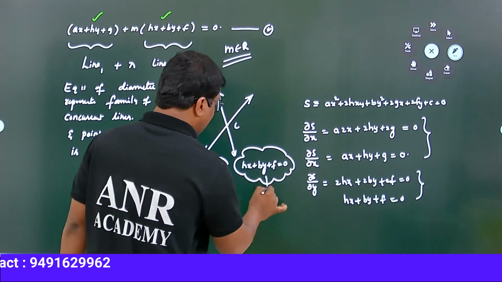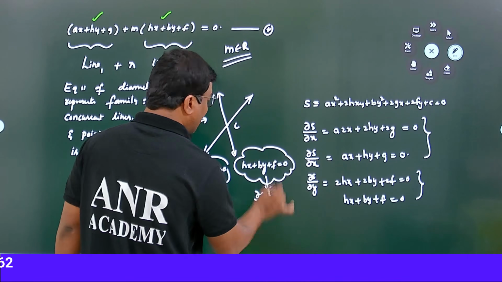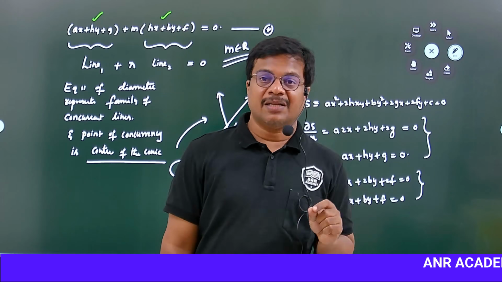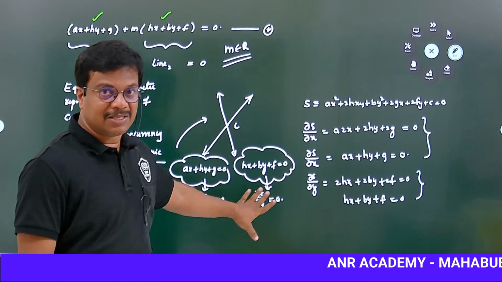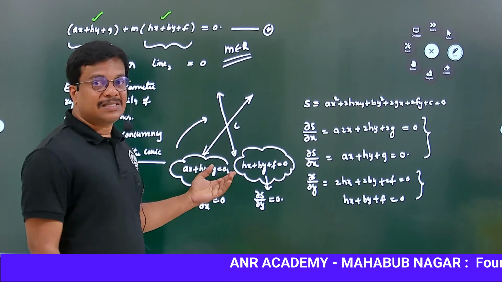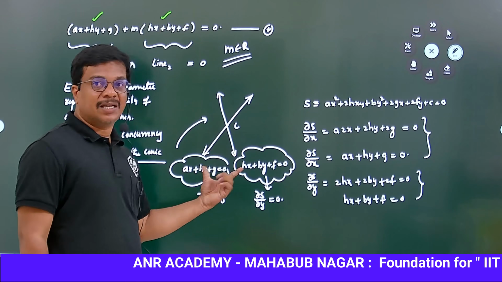So this is actually dou s by dou y equal to 0. This is the reason behind the shortcut of solving dou s by dou x equal 0 and dou s by dou y equal 0. So it is very clear that the center is the point of intersection of these two lines.